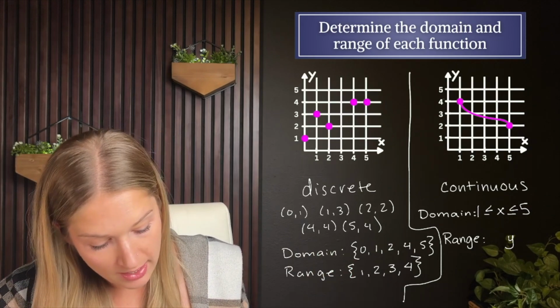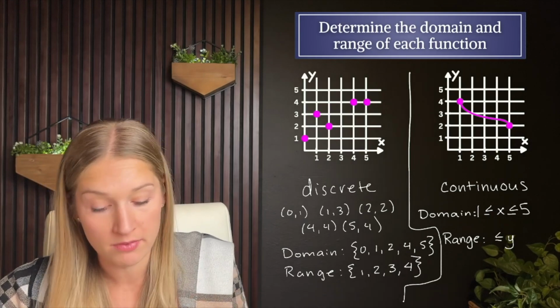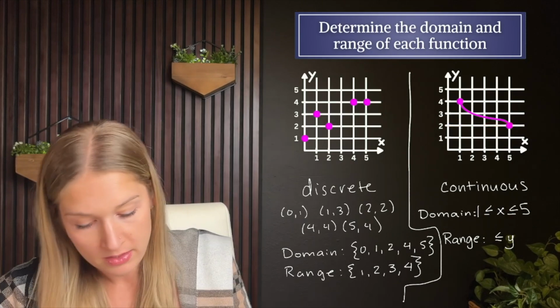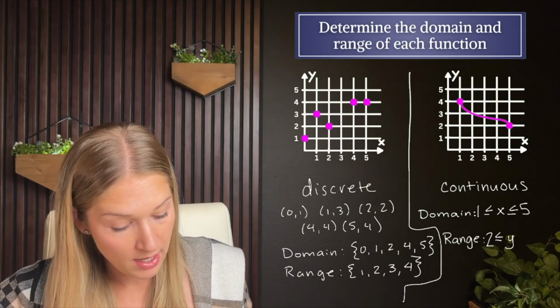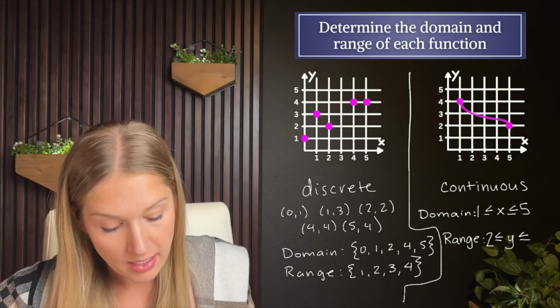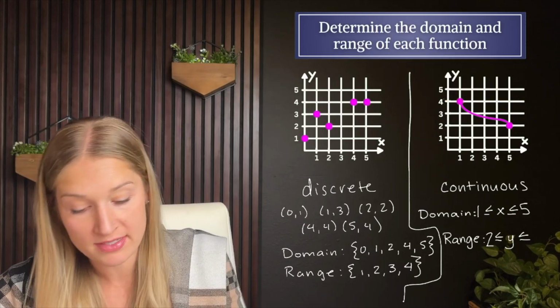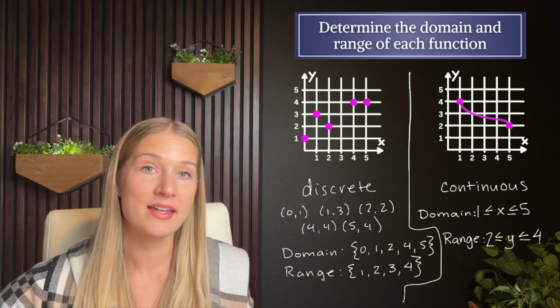So my y needs to be greater than or equal to the smallest value, which is 2. So 2 is my lower bound. Then my y has to be less than or equal to the upper bound, which, if I look at the ceiling or the top of my graph, is 4. I'm allowed to use any number in between.